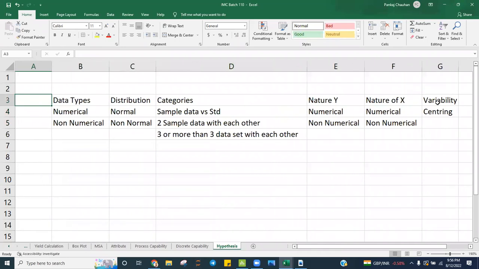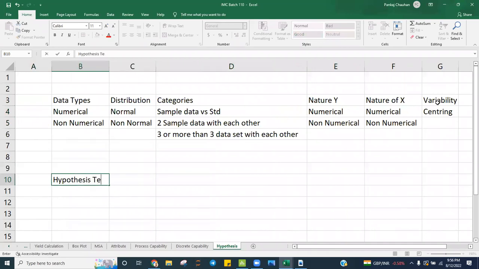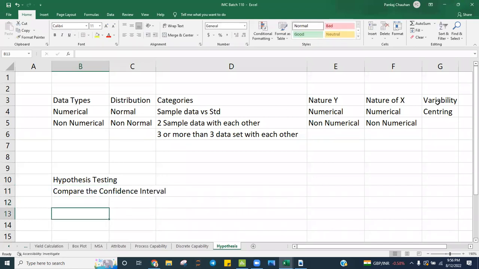So how exactly will your statistical test work? In hypothesis testing, your statistical analysis will always compare the confidence interval. And what is the confidence interval?